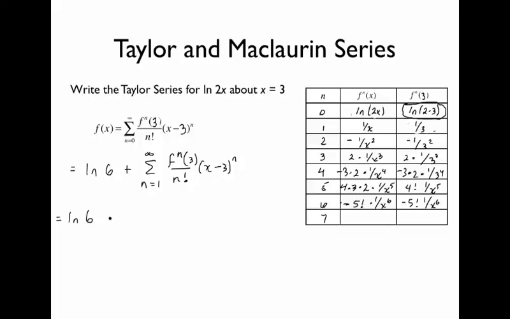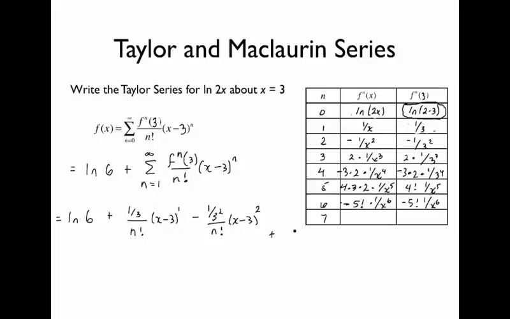All right, so let's write out the terms. So ln of 6, and then when n equals 1, what do we get? 1/3 over 1 factorial, x minus 3 to the 1. Minus, sorry, negative 1 over 3 squared, over 2 factorial, x minus 3 squared. Sorry, not n. We're doing it for each n.